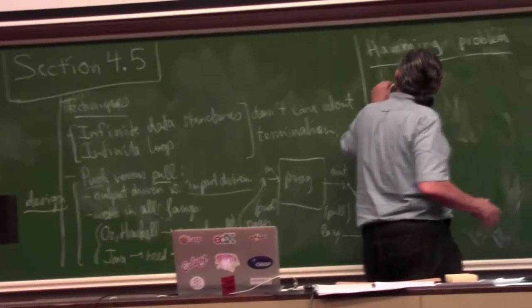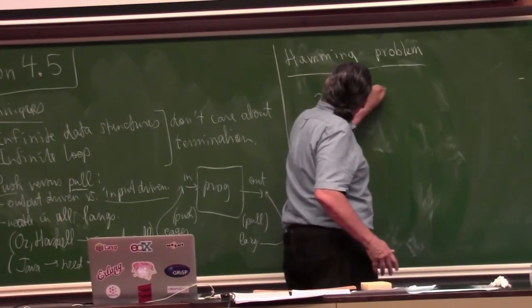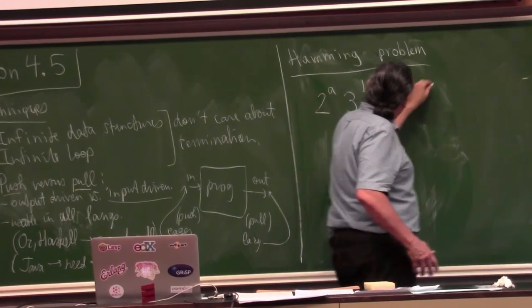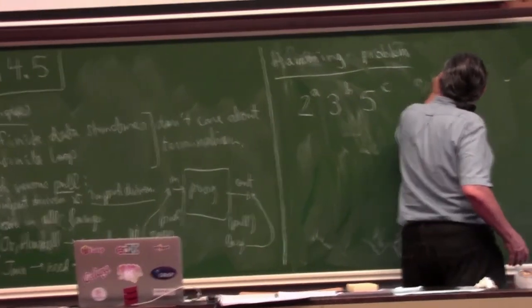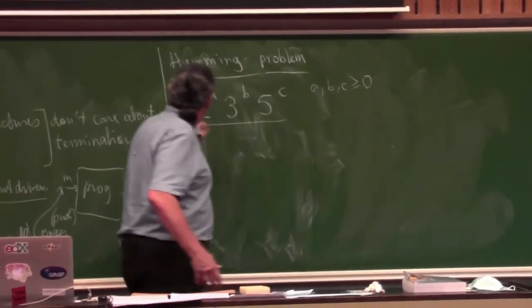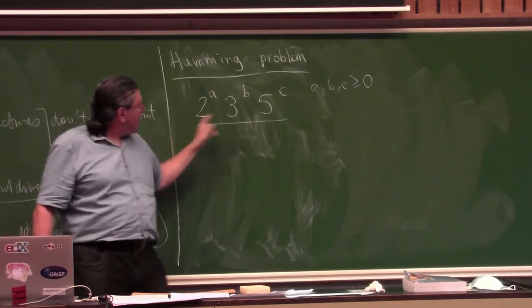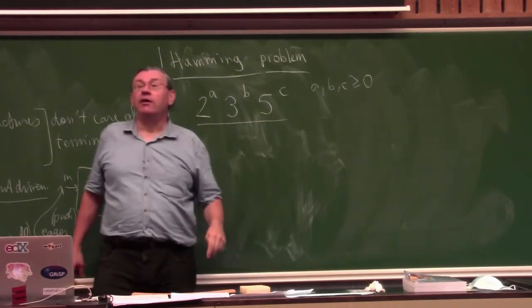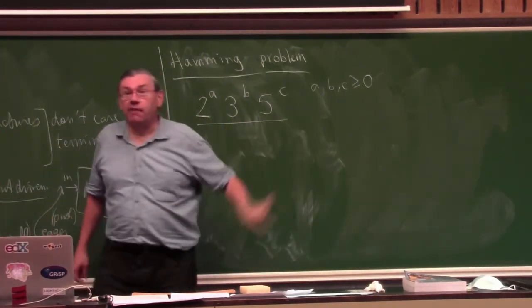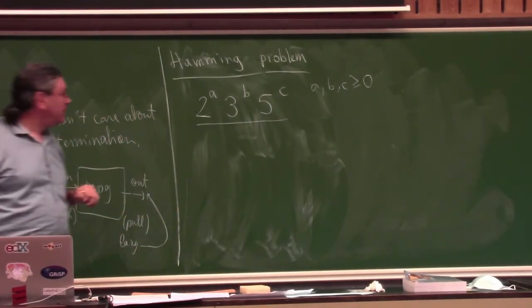So assume that you have numbers of the form 2 to the A, 3 to the B, 5 to the C, where A, B, and C are integers greater than or equal to 0, okay? Numbers of this form. In the general formulation, actually you have n primes here, but we'll just do with 2, 3, and 5. That makes the example a little bit simpler for writing it on the board.